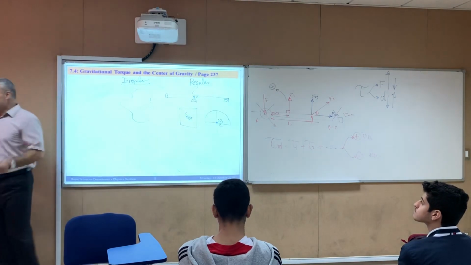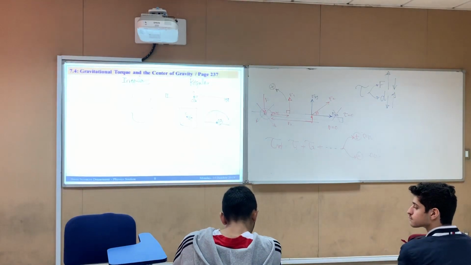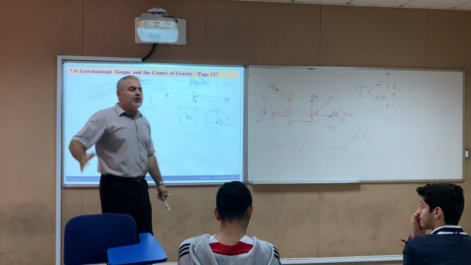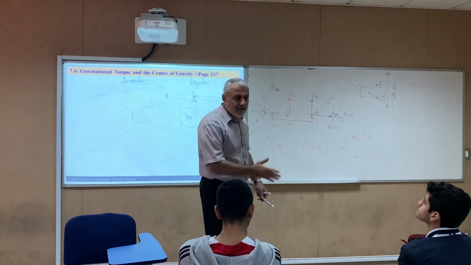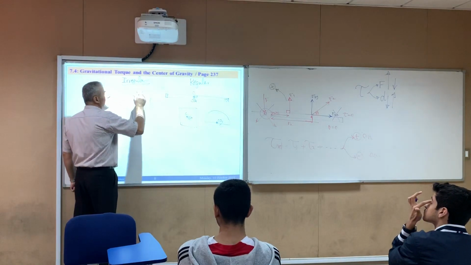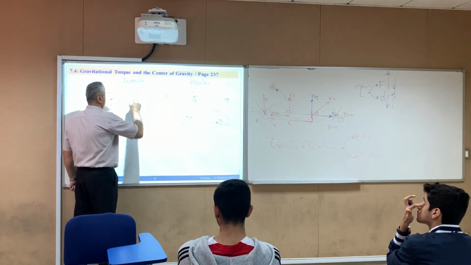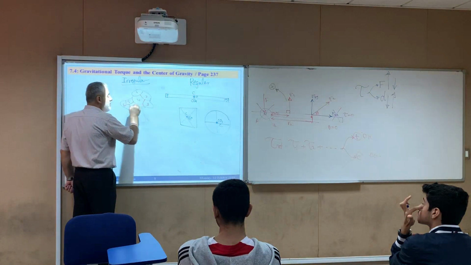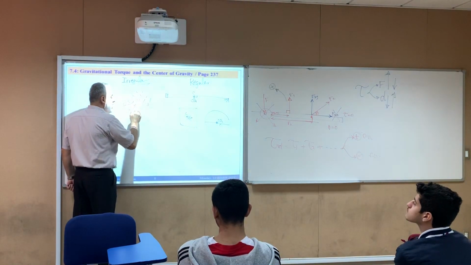See, what is the idea? We split our irregular object into parts, into many segments. By the way, if you increase the number of segments, you will get more accurate values. So how do we split? Consider this is 1, this is 2, 3, 4, 5. I give you an idea. We are not concerned about this, just 7, 8, 9.